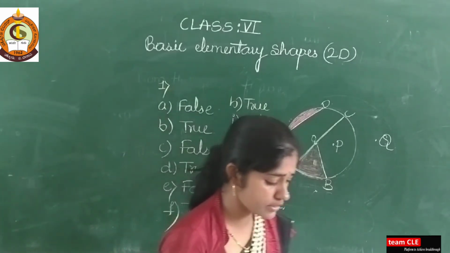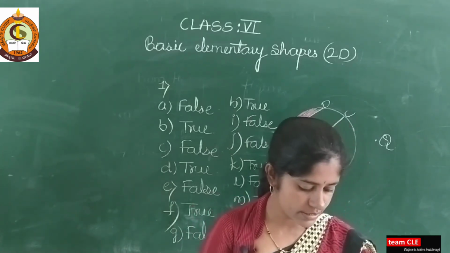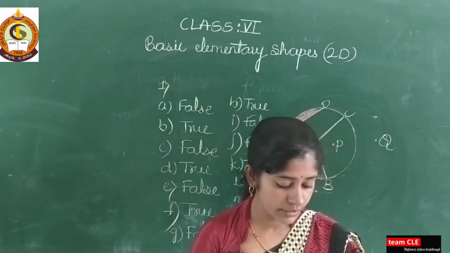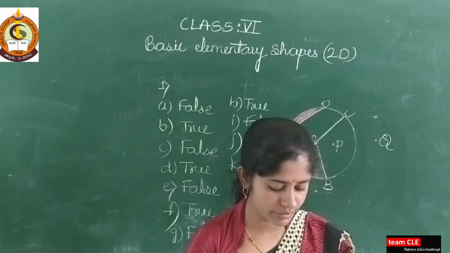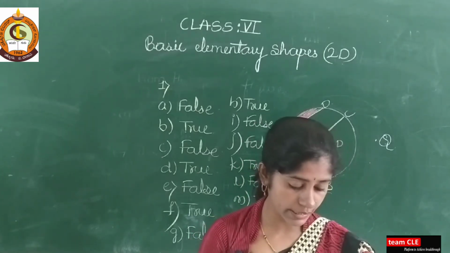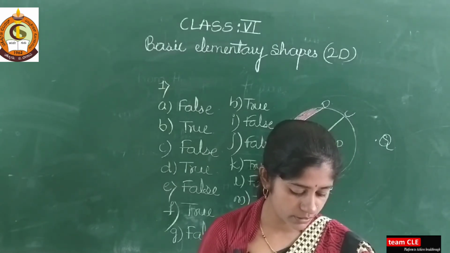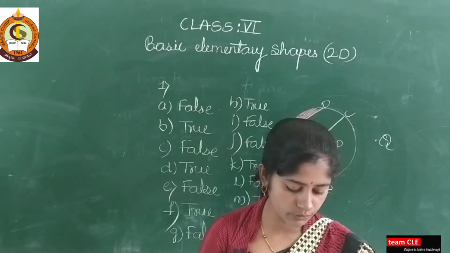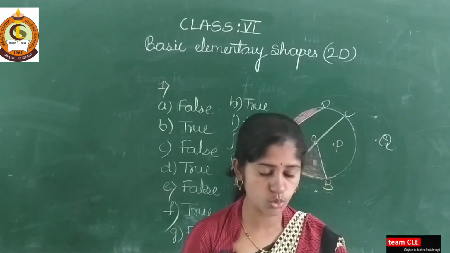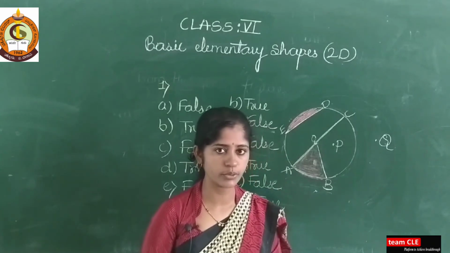Okay, so this is exercise 9.3 first main, and here are 6th main and 7th main. Name all possible parts in the given circle with center O. Mark the minor segment and minor arc in the given circle with center P. So do these two as homework. I hope this class is clear to you. Thank you.